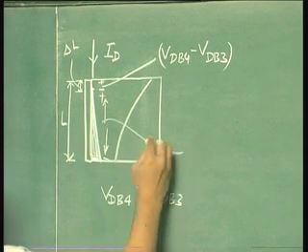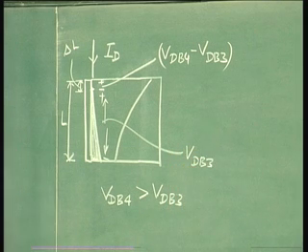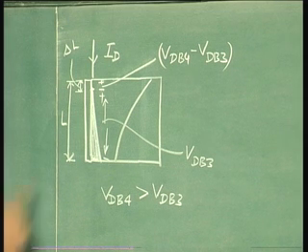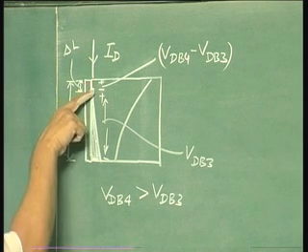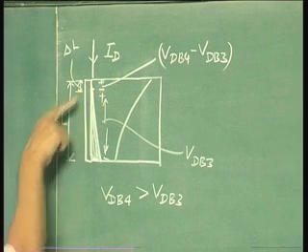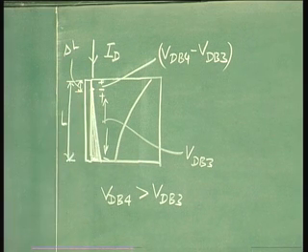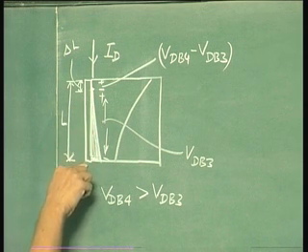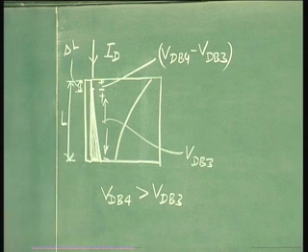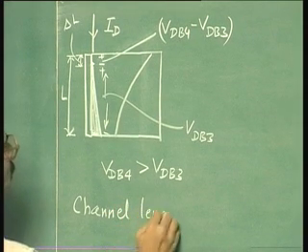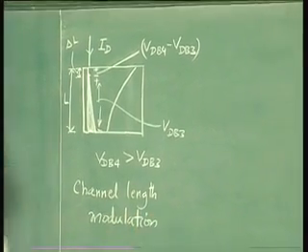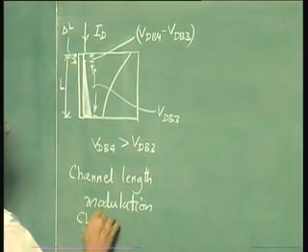So this voltage is VDB3 and this is the zero inversion charge point. So the zero inversion charge point has shifted away from the drain a little bit closer to the source, okay, by a value delta L. So we can therefore say the channel length has now become equal to L minus delta L. In other words, you have what is called channel length modulation, which we shall abbreviate as CLM.